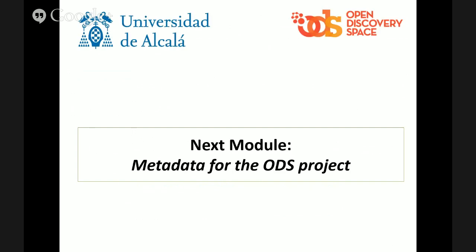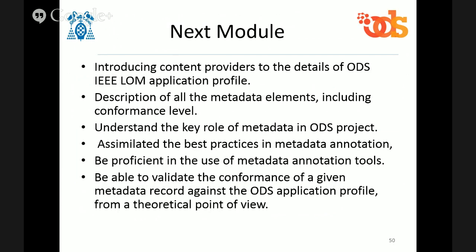To finish this lecture, we are going to provide you an overview of the next module, which is called Metadata for the ODS project, in which we are going to introduce the ODS application profile for IEEE LOM. We are going to describe all the metadata elements, including conformance level.